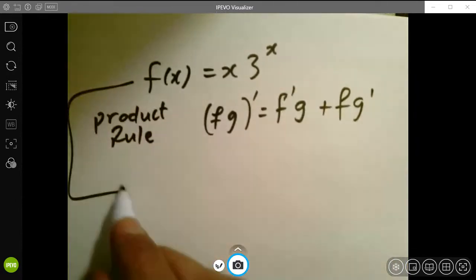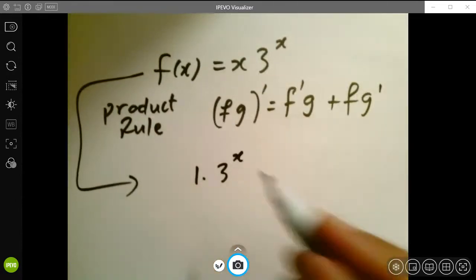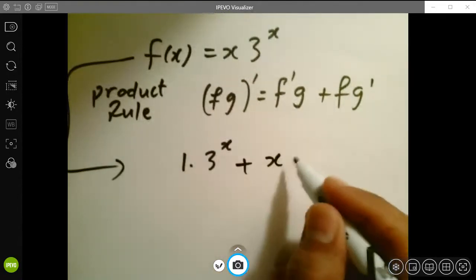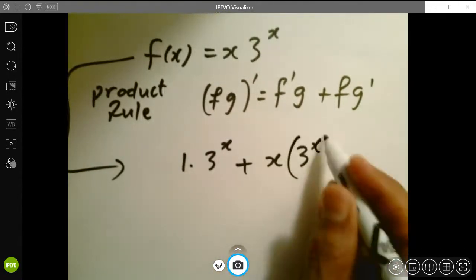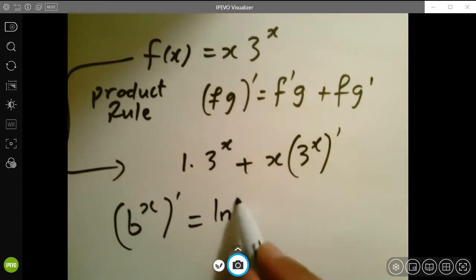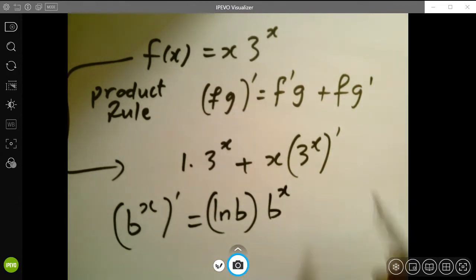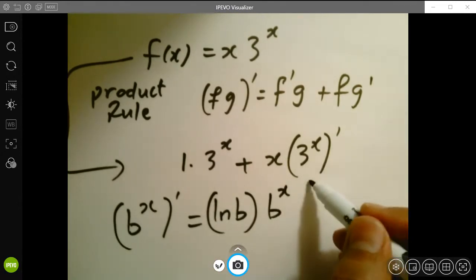If I compute the derivative of this one, I will get 1 times 3x plus x times the derivative of 3x. And what is the derivative of b to the x in general? It is ln of the base times b to the x. So this one will be ln of 3.